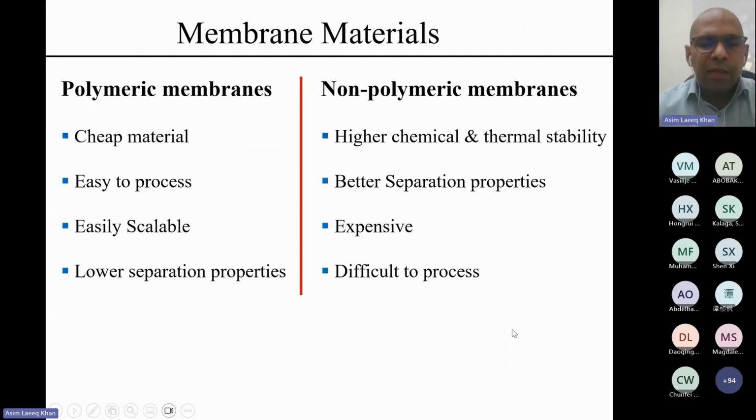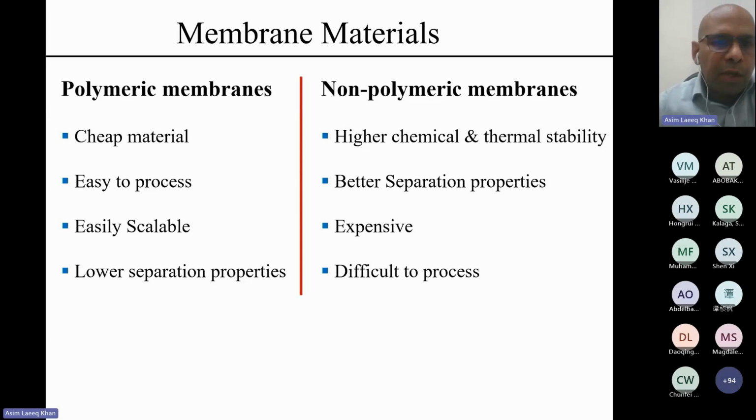When it comes to membrane materials, generally two types of materials are used for membranes. They are either polymeric or non-polymeric. Each type of material has their advantages and disadvantages. When it comes to polymeric membranes, the membrane market for carbon capture is mainly dominated by polymeric membranes.